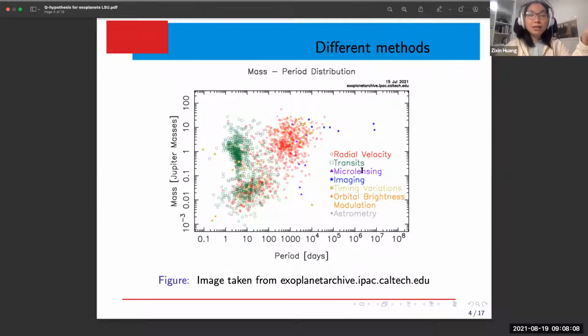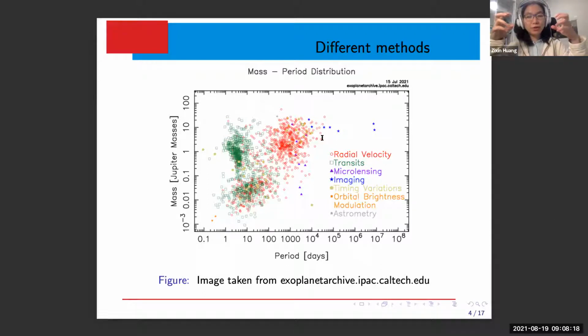On the other hand, direct imaging has been traditionally more sensitive to planets which are in a further orbit, precisely due to the fact that you're trying to image something that's very faint next to something that's very bright, and it's difficult to resolve these. And I will mathematically quantify this statement just now.